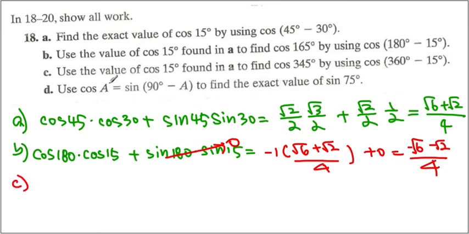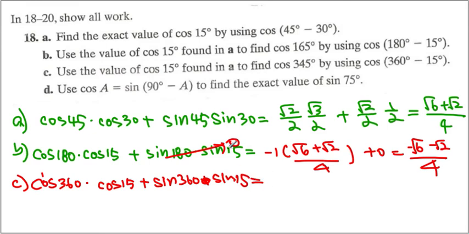Number C. Use the value which we already calculated from part A to find the next value here. We get to realize cosine of 360 times cosine of 15 plus sine of 360 times sine of 15 degrees.